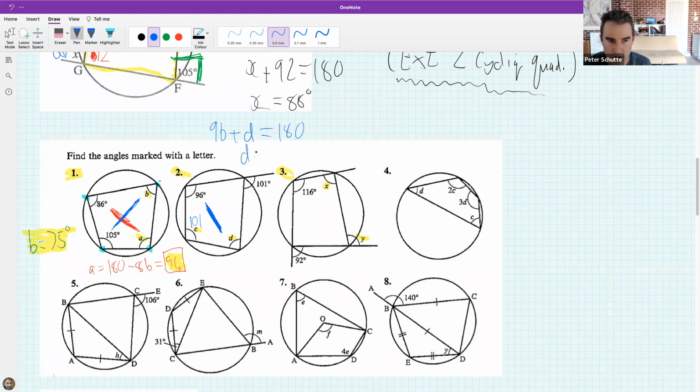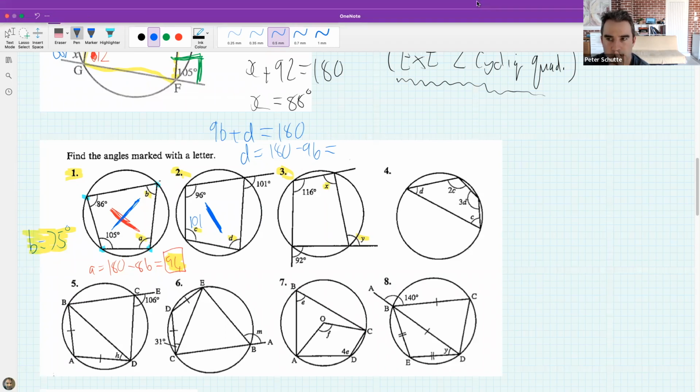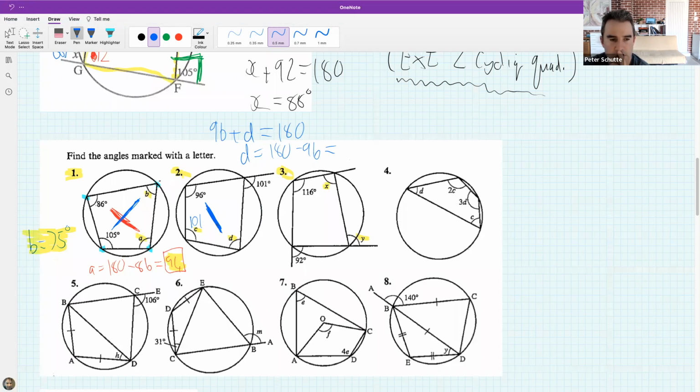So now D is going to be 180 minus 96 because I've taken away 96 from both sides. So what would D be then? 104. Yeah, exactly. So this one over here is going to be 104.